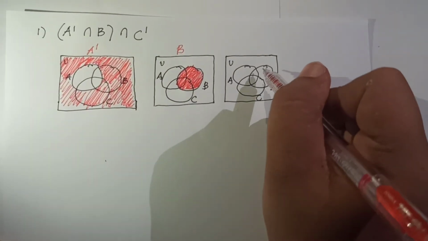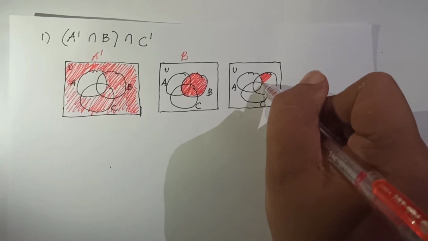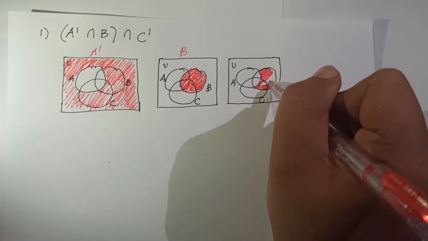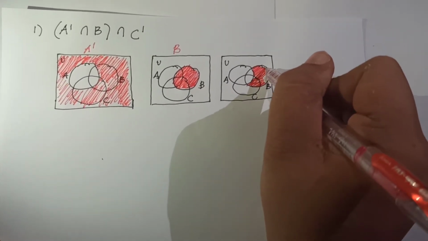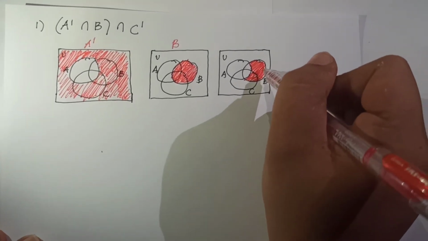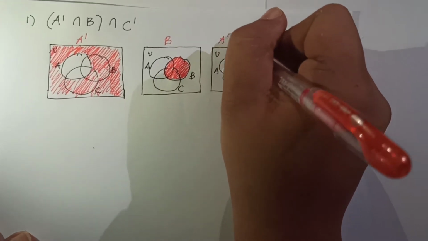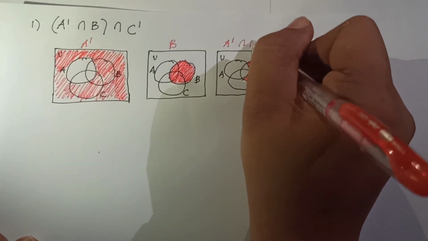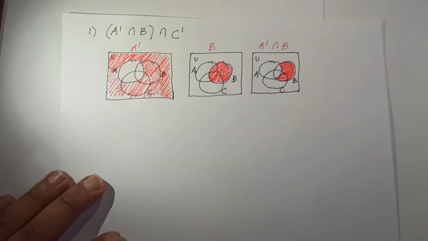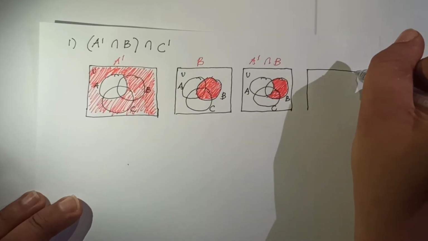Therefore, we have the intersection of the two, so this is A prime intersection B. Since we also have C prime, we're going to draw here again a C prime.